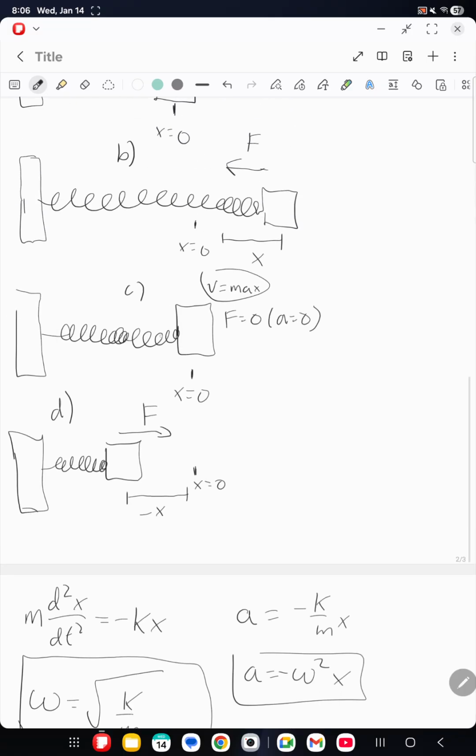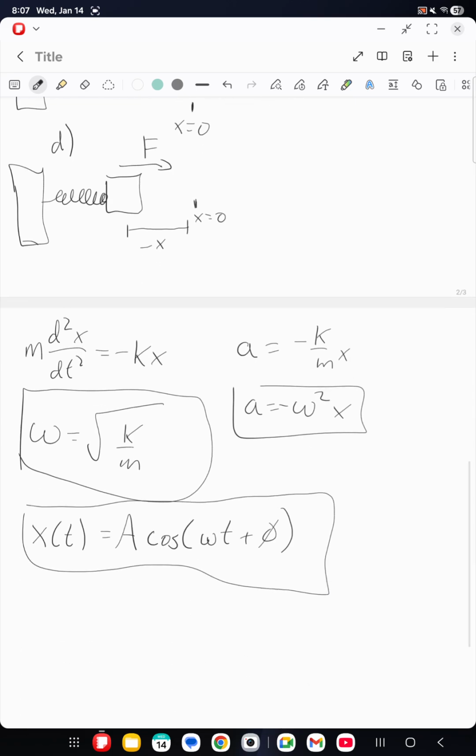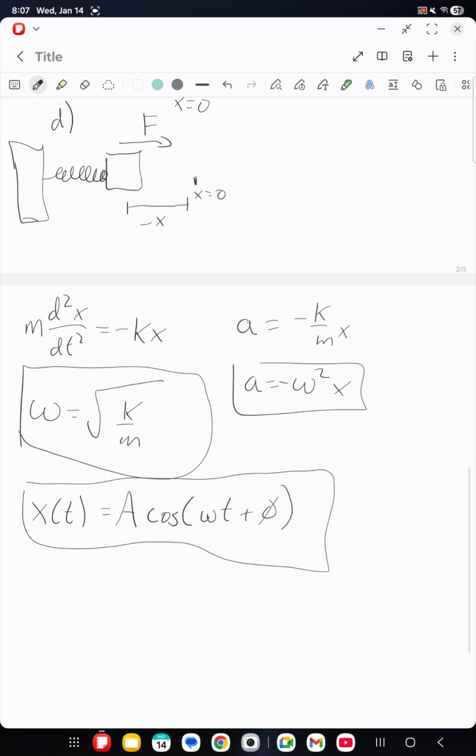It will try to be at equilibrium, but then it will go, and then it will have a force trying to pull it to equilibrium, and then it will move more here, and then it'll try to pull it to equilibrium. So it's very periodic.